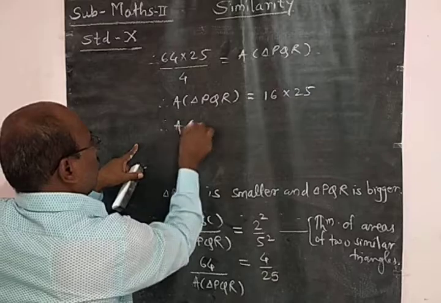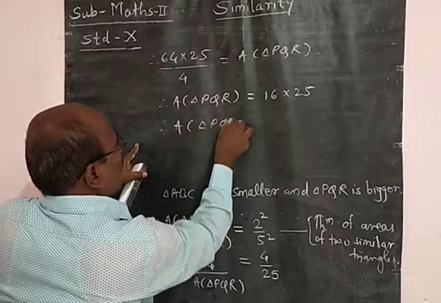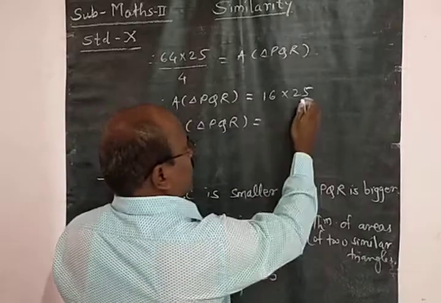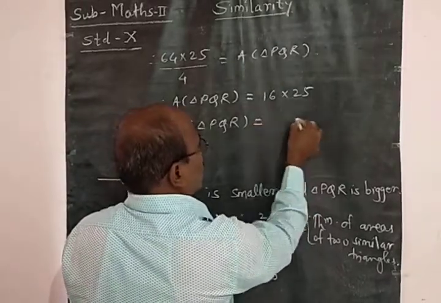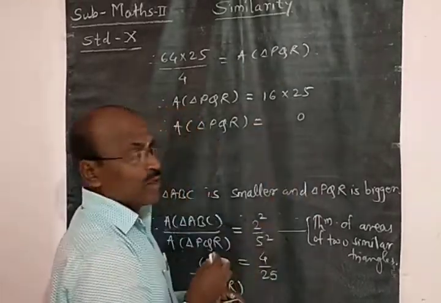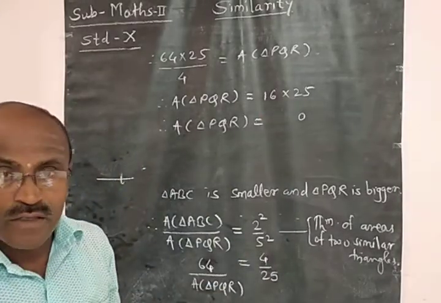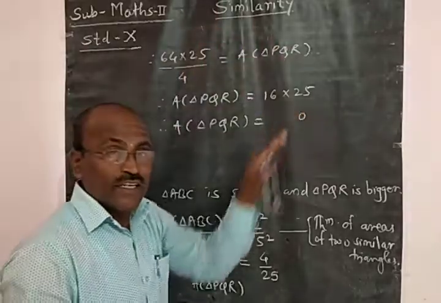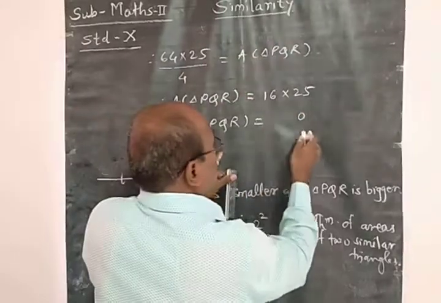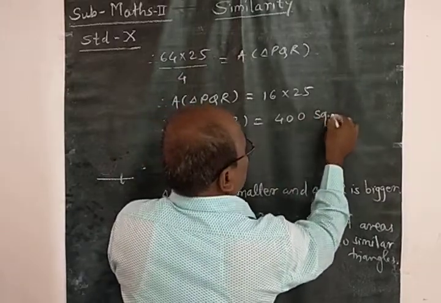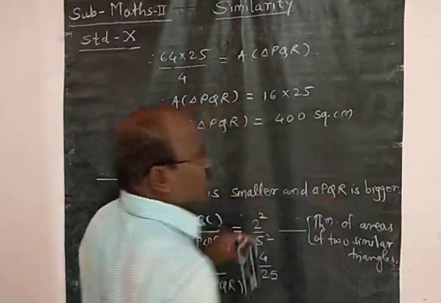Therefore area of triangle PQR is equal to 16 into 25. Now multiply: 25 sixes are 150, so 25 ones are 25, plus 50 is 400 square centimeter.